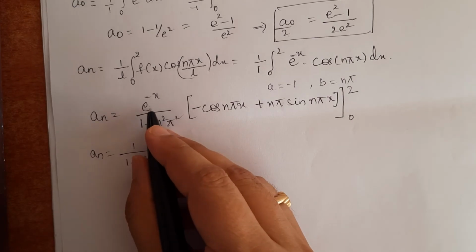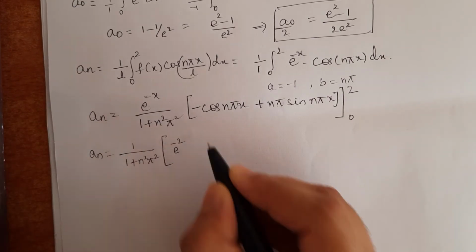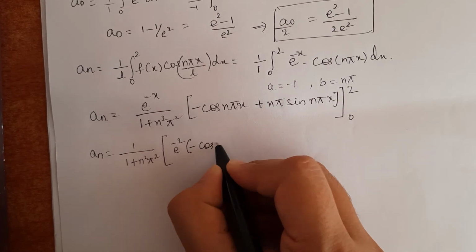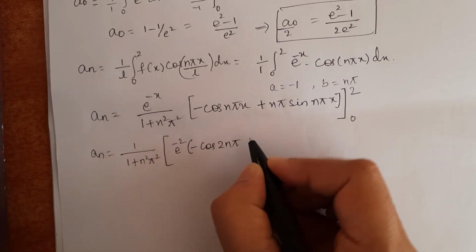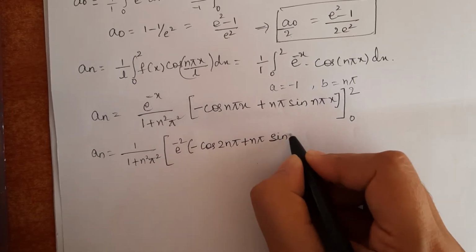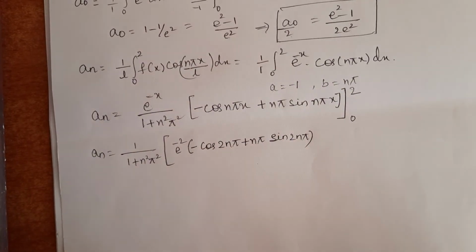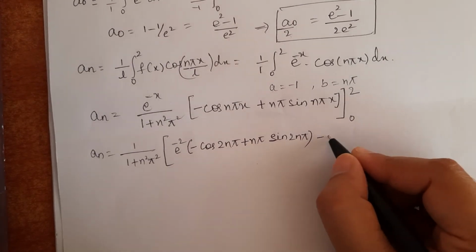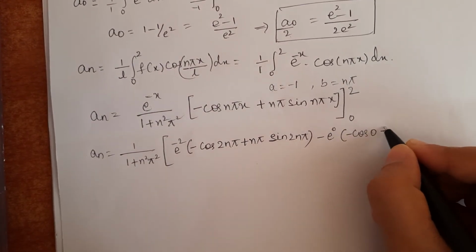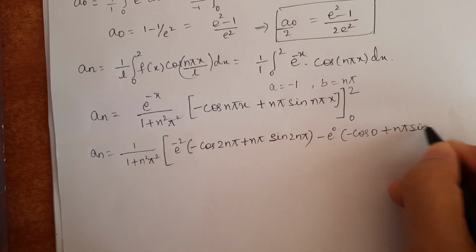Let me substitute the upper limit here: e power minus 2 into, for this term, minus cos of 2n pi plus n pi into sine of 2n pi. This is the upper limit. Minus lower limit: e power 0 into minus cos 0 plus n pi into sine 0.